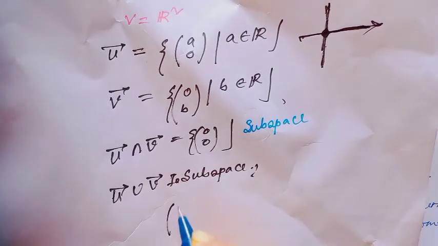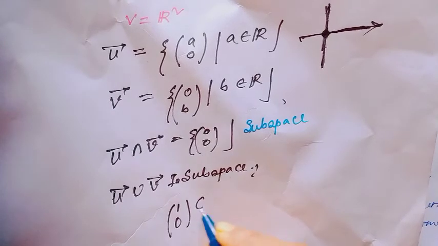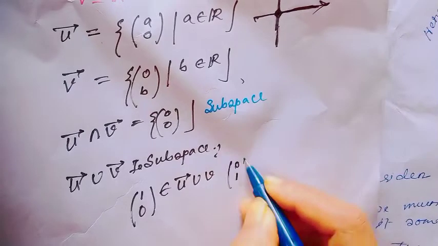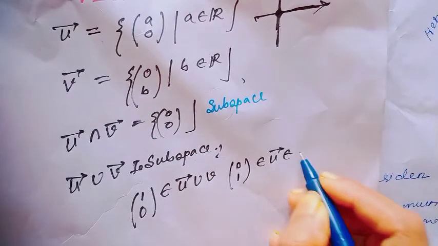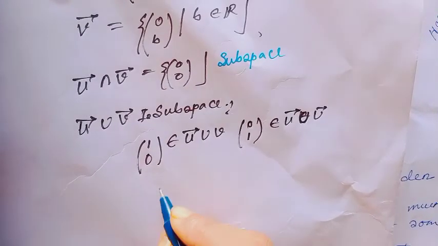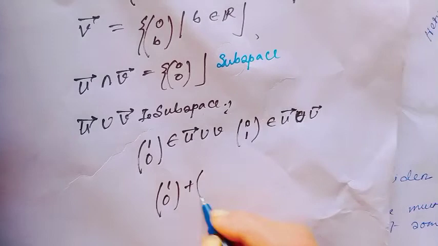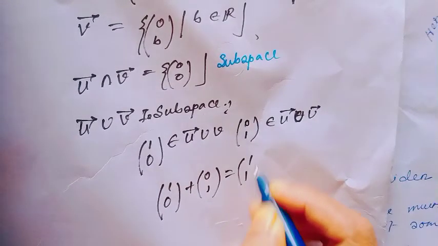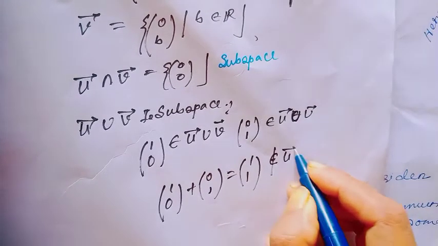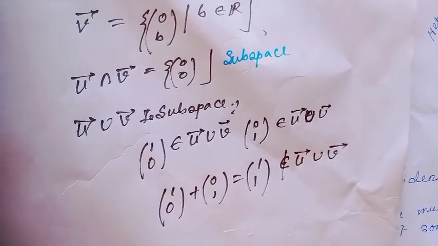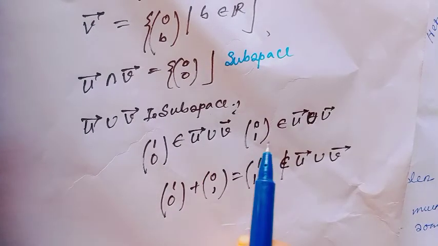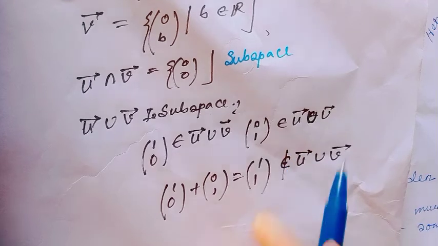Consider one vector (1, 0) belonging to U union V and another vector (0, 1) belonging to U union V. Then their sum would be (1, 1), and this does not belong to U union V. Therefore, U union V is not a subspace of the vector space V.